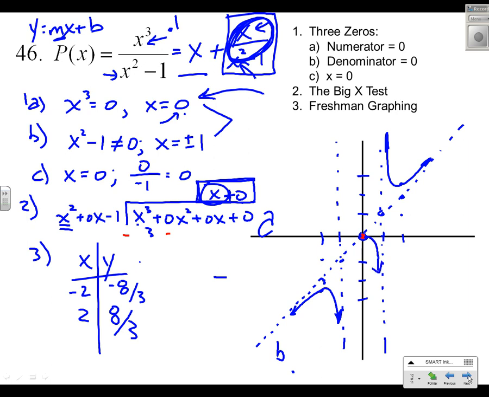How about if I put in a negative 0.1? The numerator would be negative 0.1 cubed. That's a negative. The denominator would be negative 0.1 squared. That's like 0.01 minus 1. That's negative. I'd get negative on negative, positive.